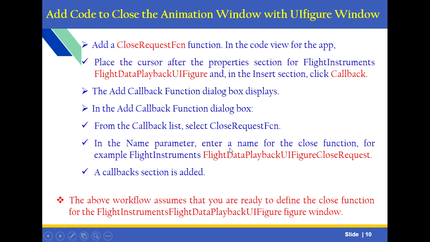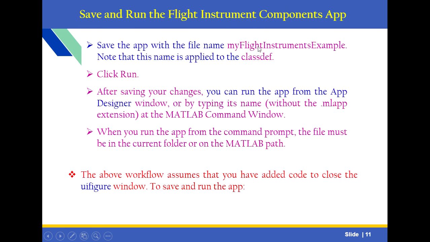In the name parameter, enter a name for the close function, for example, FlightInstrumentsFlightDataPlaybackUIFigureCloseRequest. The above assumes that you are ready to define the close function for the FlightInstruments flight data playback UIFigure window. Then finally you have to save and run the design, that is, the flight instrument components.